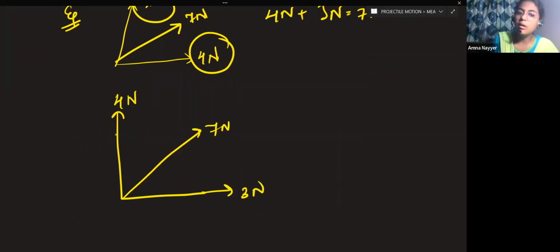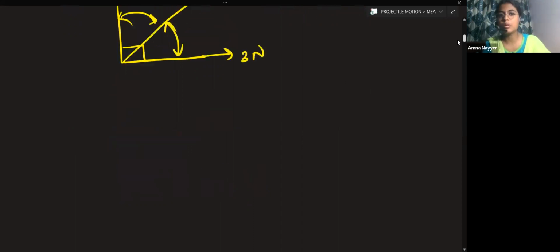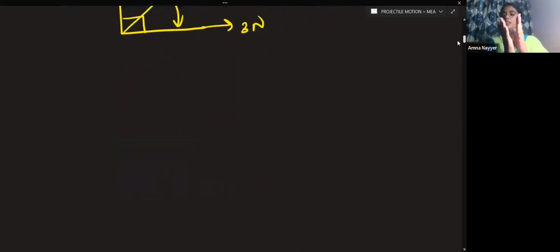Fine. So now, if 4 Newton and 3 Newton are perpendicular to each other, this can be any angle, but if the angle between the two components is perpendicular, then you say these are the rectangular components. Fine, that is what is meant by rectangular components, if the components that you have broken are placed at 90 degrees to each other.